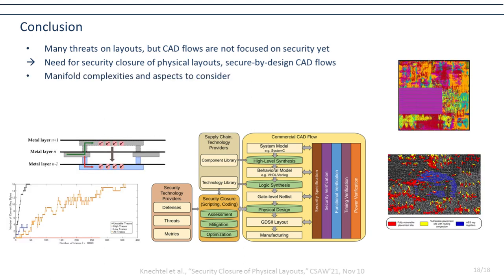We also talked about some examples for those manifold complexities and some aspects to consider. If you recollect, here we looked into the assessment of Trojan insertion. Here there's a defense against probing attacks. Here there was this example about the higher order vulnerability with some new side channel arising. And here this is the outline of advanced electromigration based Trojans or failure attacks on chips.